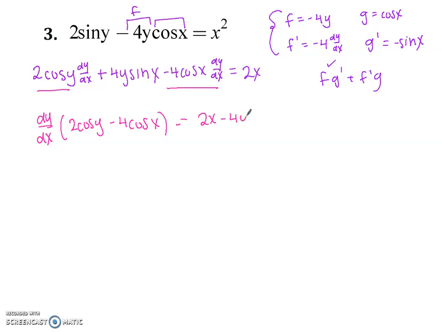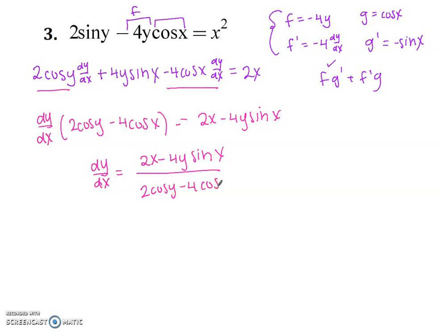So anytime you move something to the other side, it's going to change signs. Then just divide by this. So dy/dx will be 2x minus 4y sine of x all over 2 cosine of y minus 4 cosine of x.